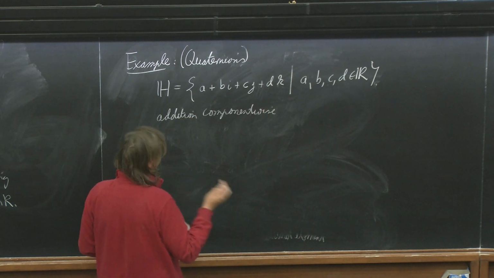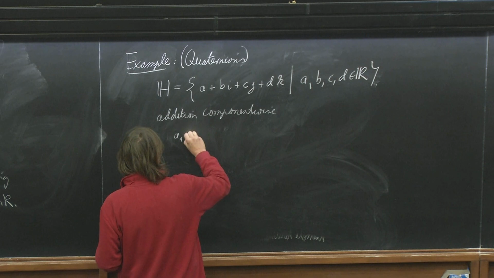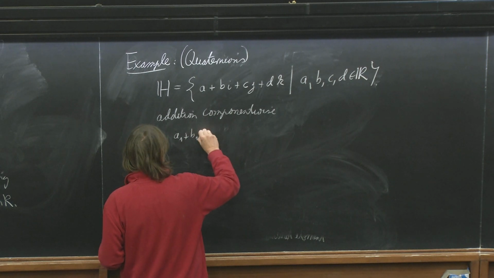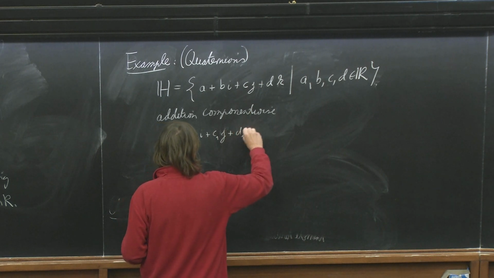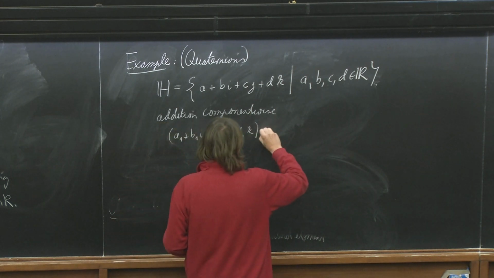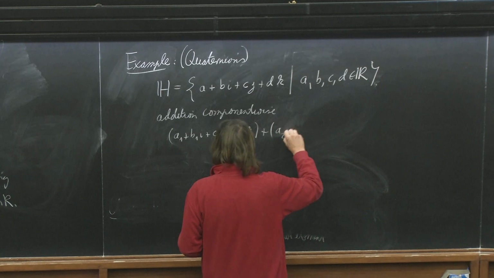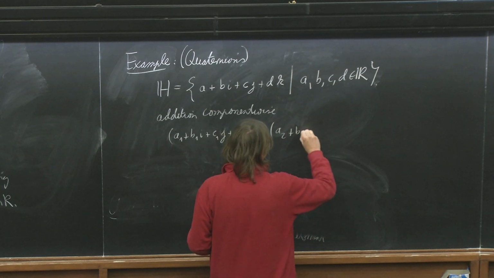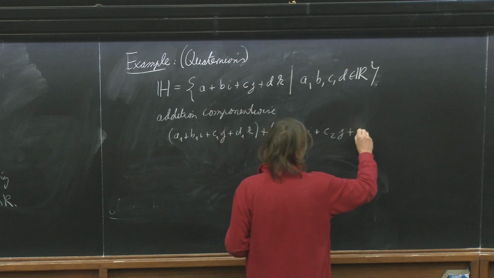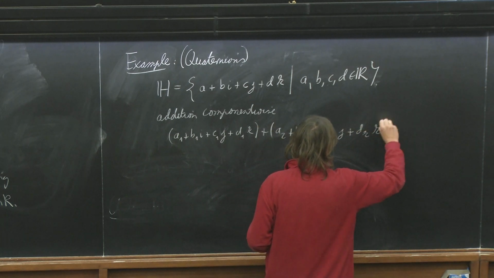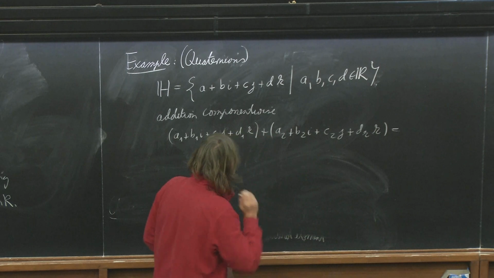That means if I take a1 plus b1 i plus c1 j plus d1 k, plus the corresponding thing a2 plus b2 i plus c2 j plus d2 k, it's given by summing up the coefficients.